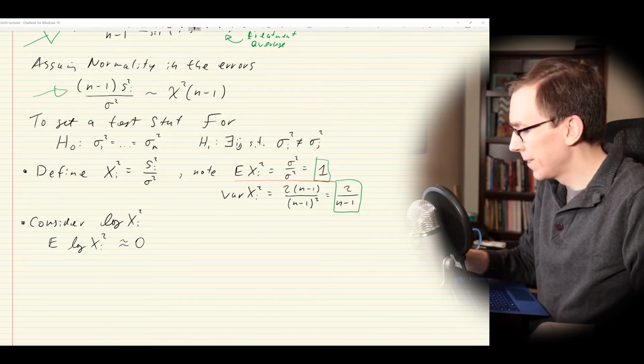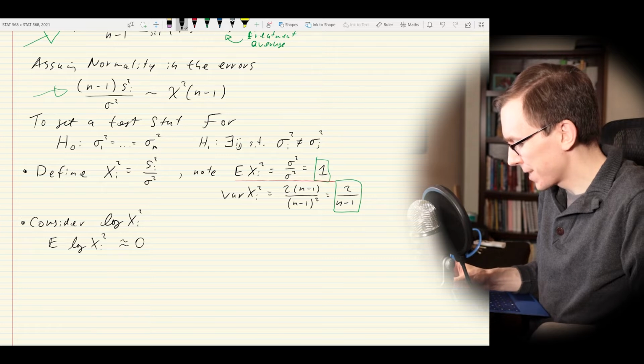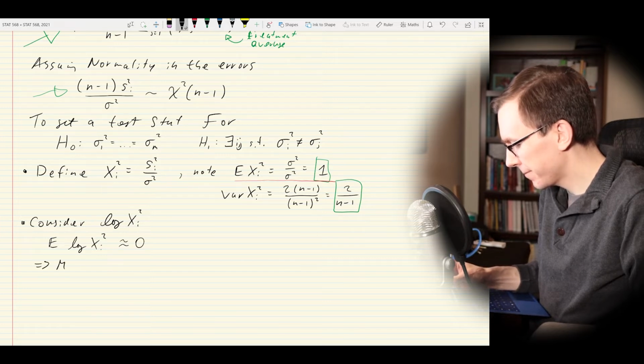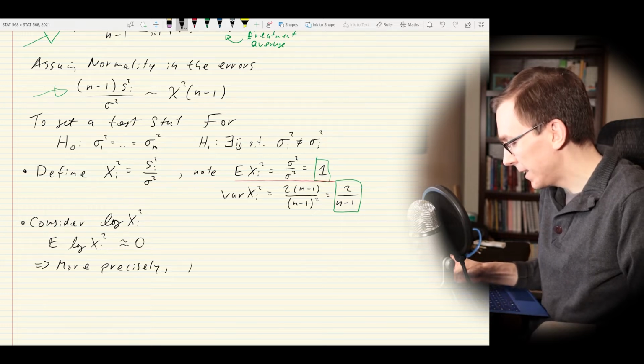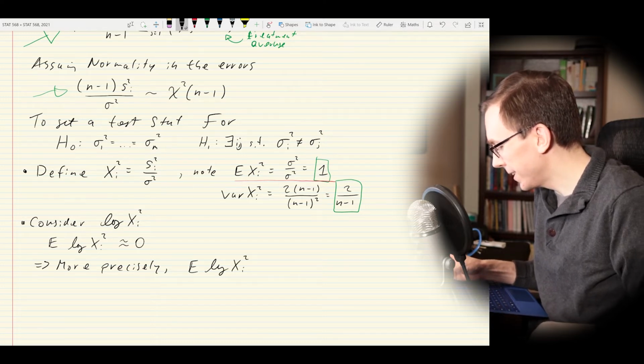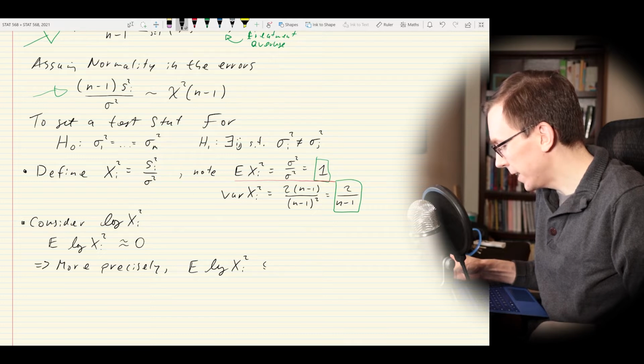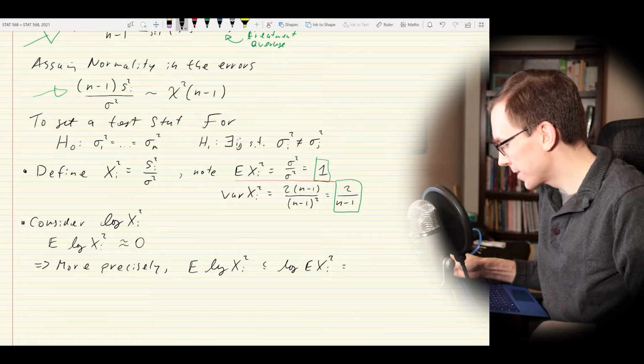In fact, I'll say more precisely, what we have is that the expected value of the log of chi i squared is going to be less than or equal to the log of the expected value of chi i squared, which is the log of 1, which is 0.